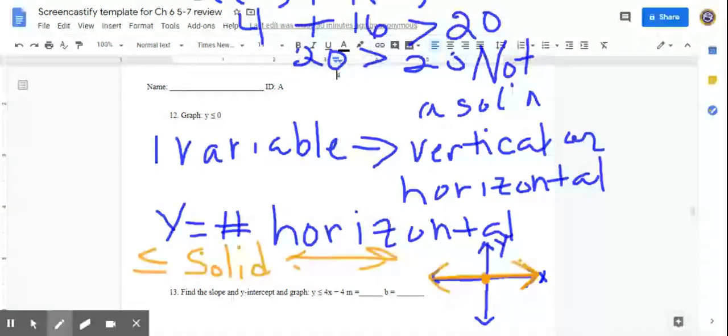All right, now we're not done though, because now it's an inequality. It wants all the values of y that are less than or equal to 0. Well, where does y get smaller? As it goes down the axis, right here, -1, -2, -3. So you're going to shade below the axis. So that is y is less than or equal to 0.